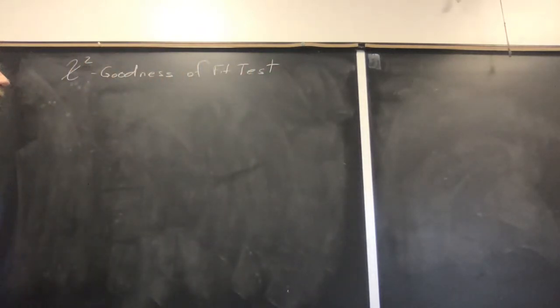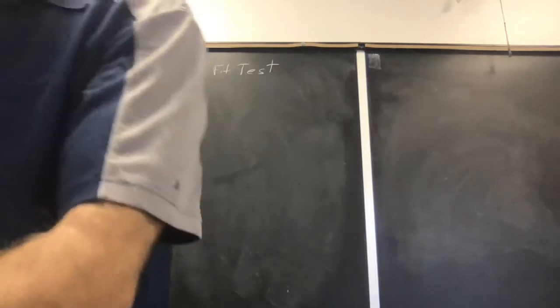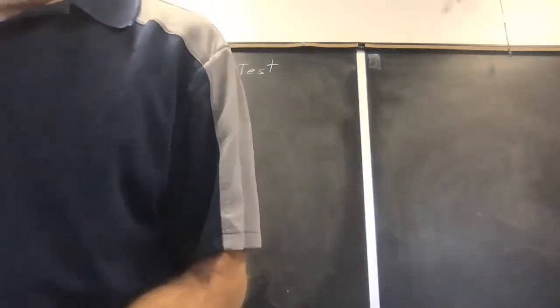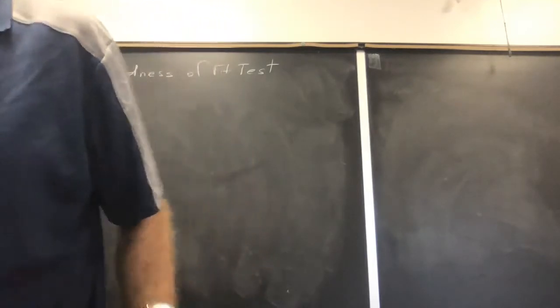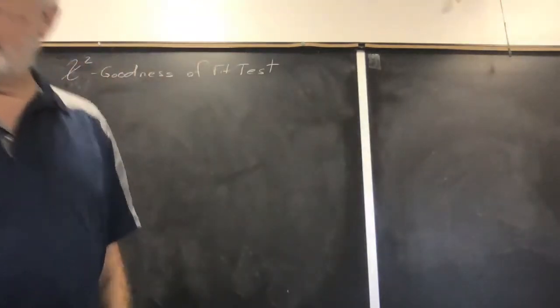What's called a chi-squared goodness of fit test. This is the Greek letter chi squared. And in your textbook, it is illustrated on how to do this, pages 68 and 69. Okay. And at the top of the right-hand column of page 68 is the formula.